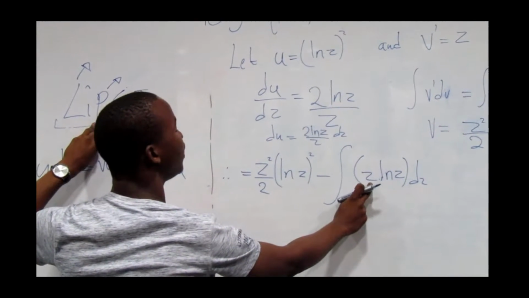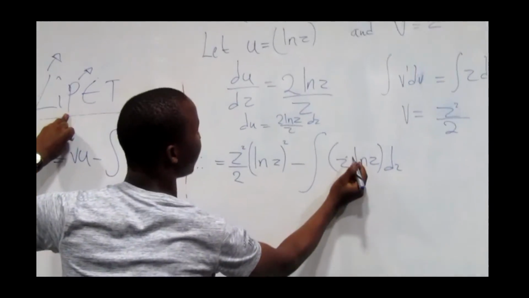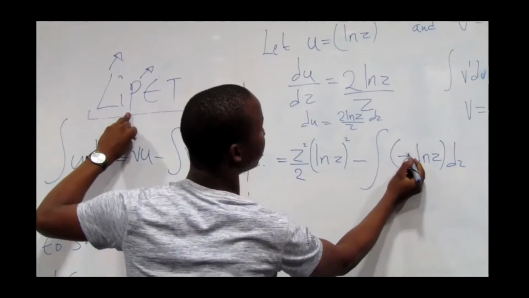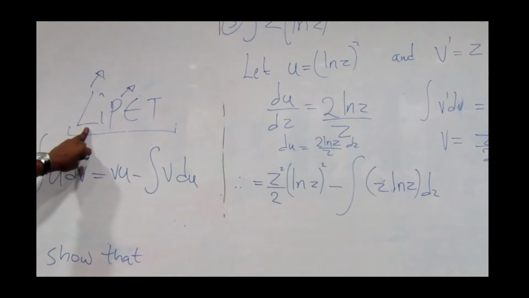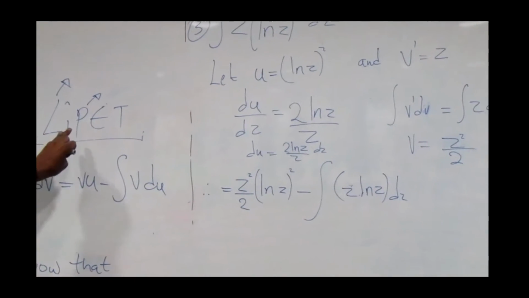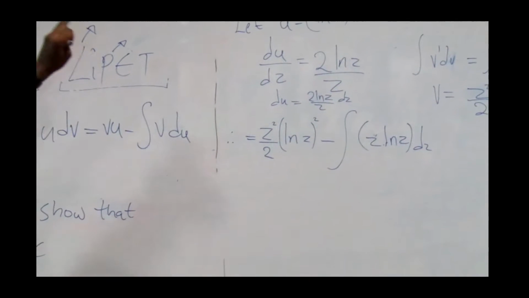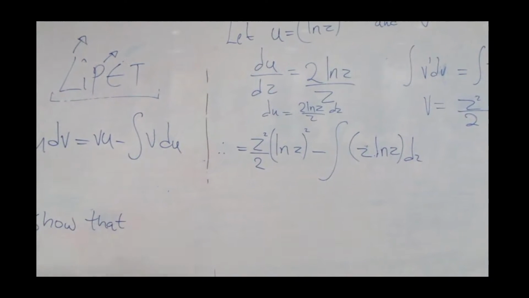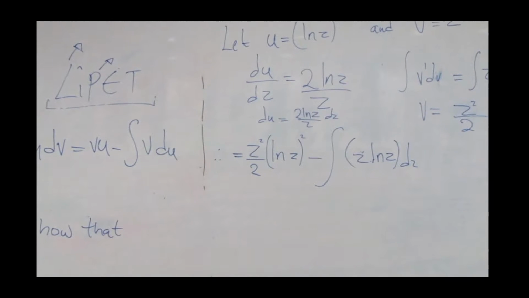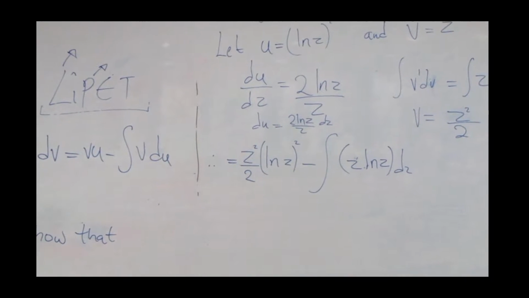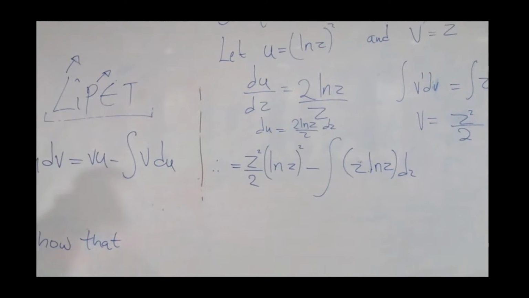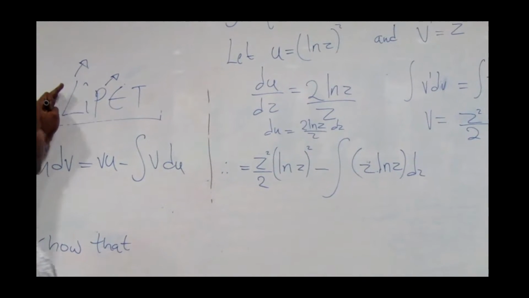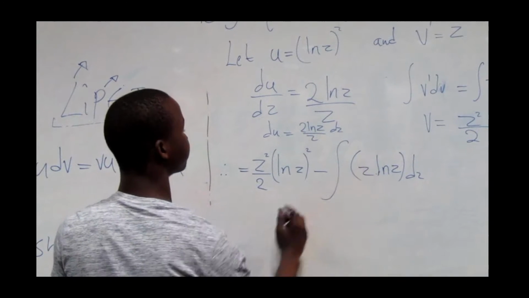This z is polynomial, meaning it is to the power n, of which our n here is 1. Then ln z, we say L stands for ln, log, and so on. This is inverse, this is polynomial. And we start with u.